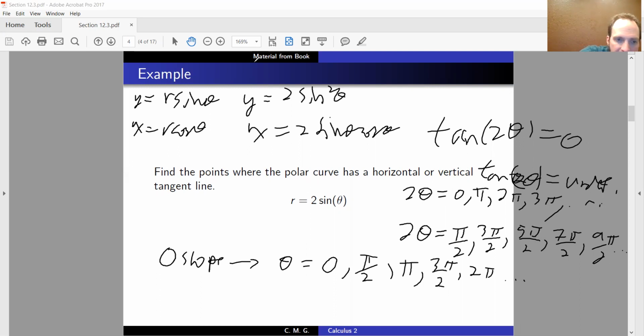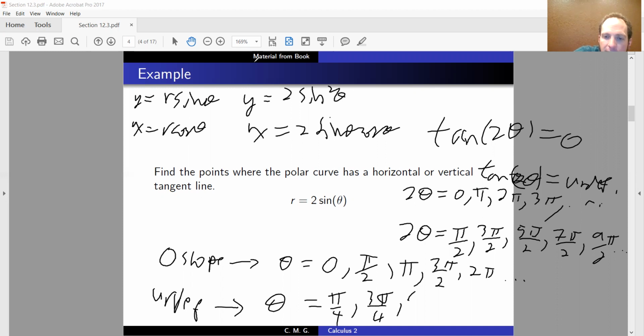And then it has undefined slope when theta is all of those divided by 2 as well. So pi over 4, 3 pi over 4, 5 pi over 4, 7 pi over 4, 9 pi over 4, and so on.